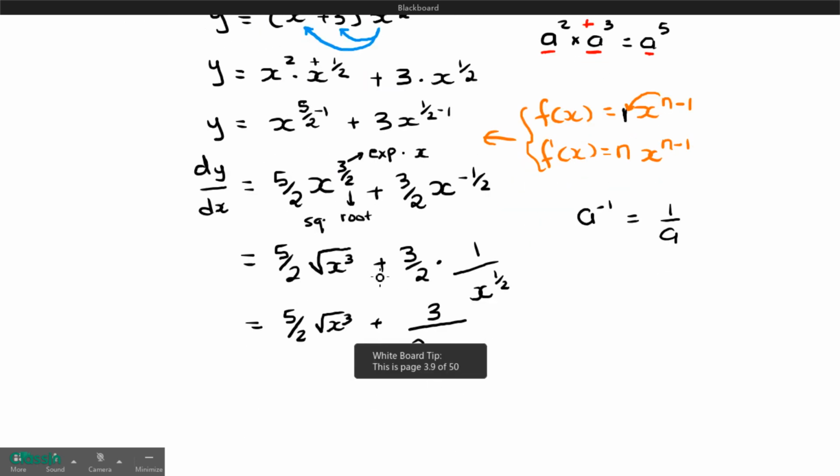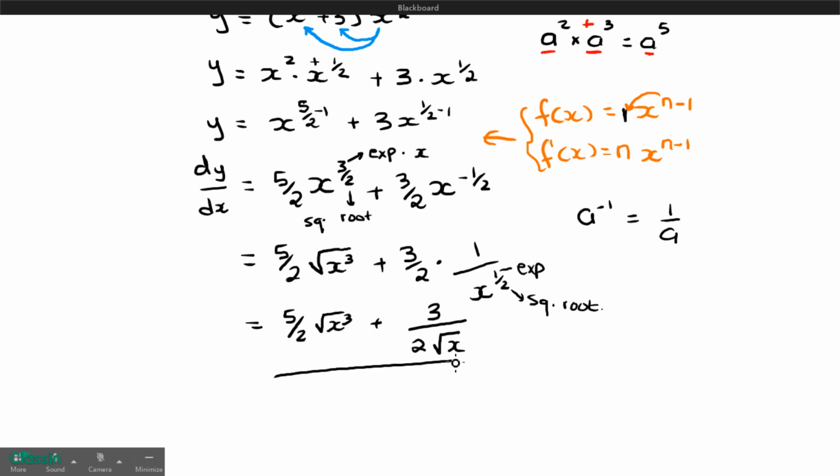So because you've got x to the power 1 over 2, we can say it's the same as root of x. Hence, we said this one will represent the exponent, and then this one will represent our square root. Then this will be our final solution.